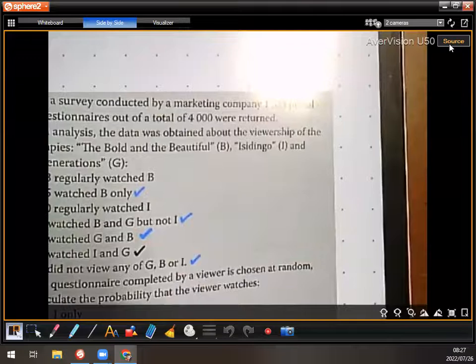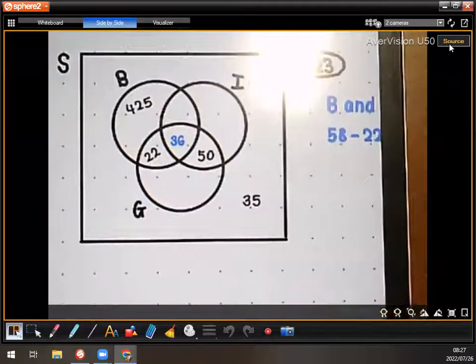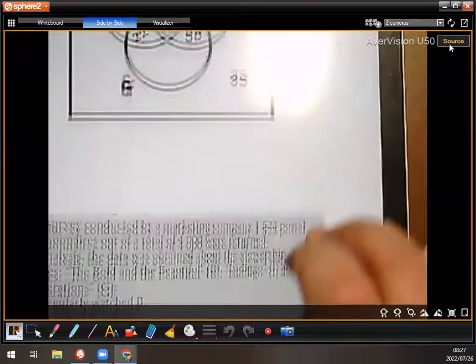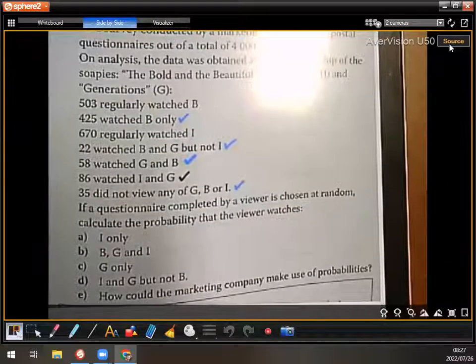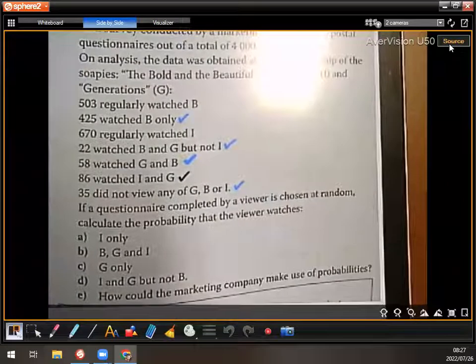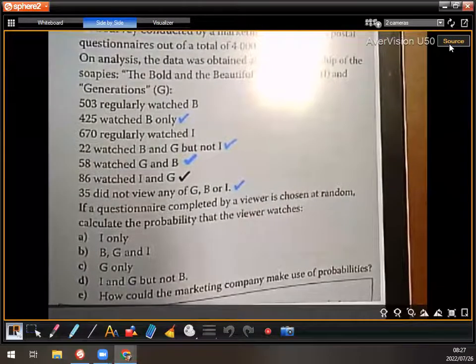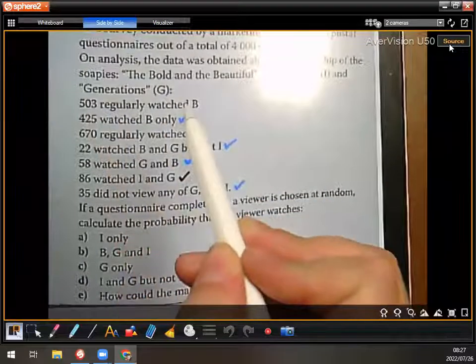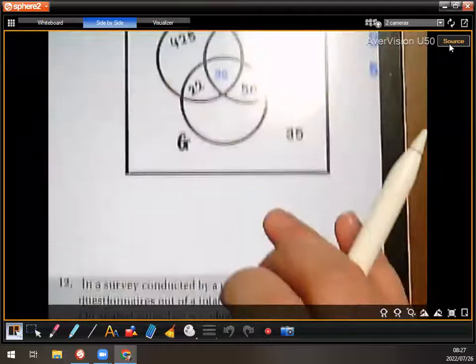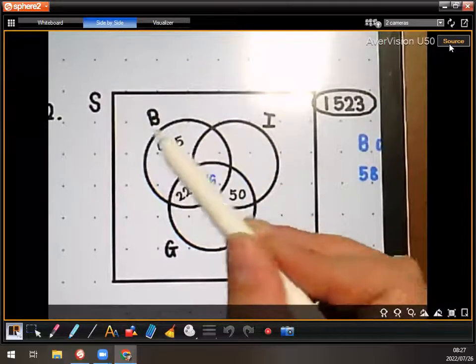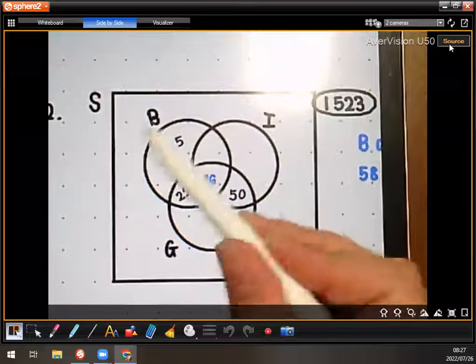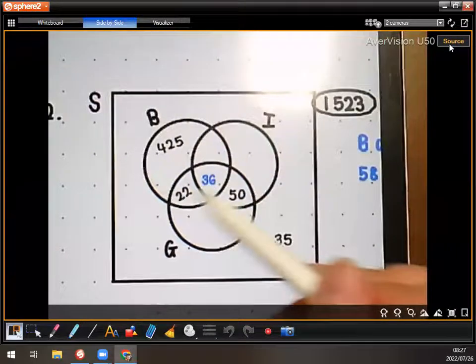Did they tell us anything about I and B? No, they didn't. Okay, let's see if we can pull other stuff in for now because they have given us more information. 503 regularly watched B. So that means the whole B circle should be equal to 503.